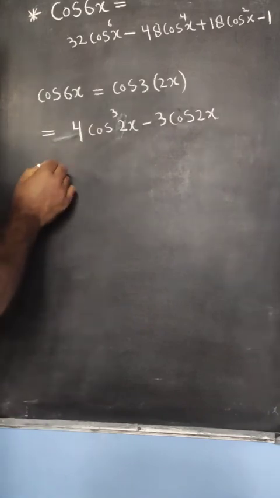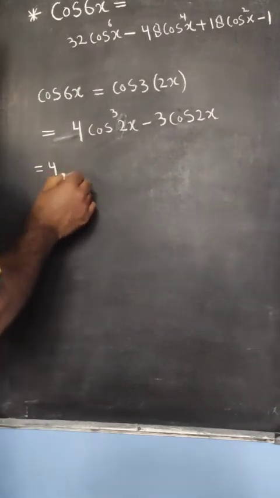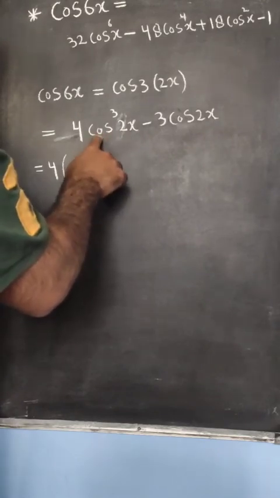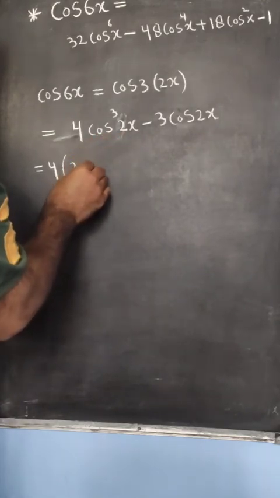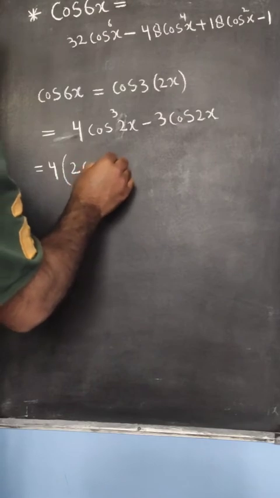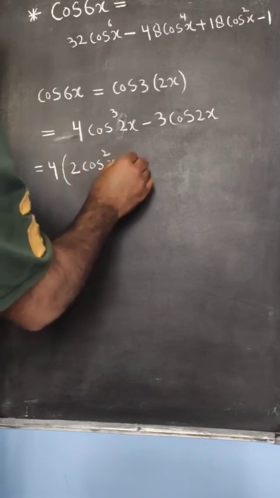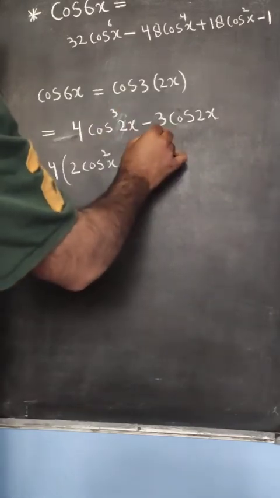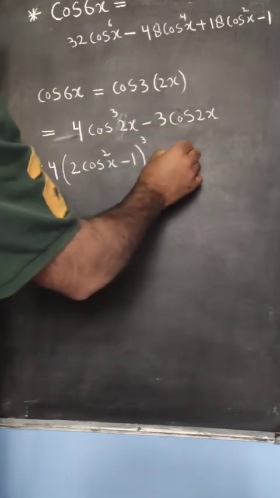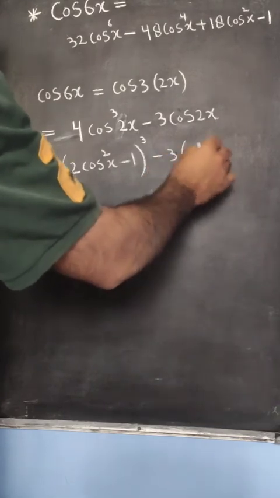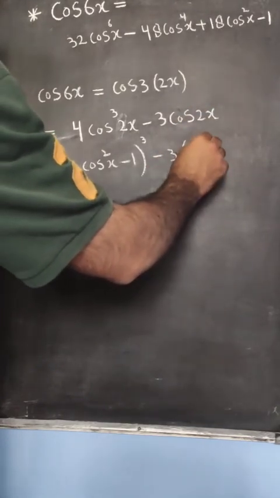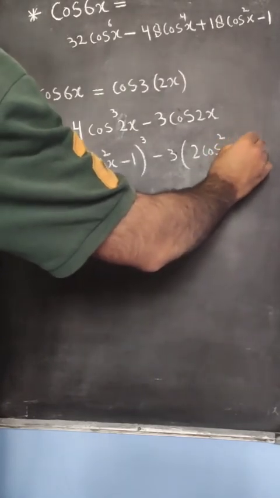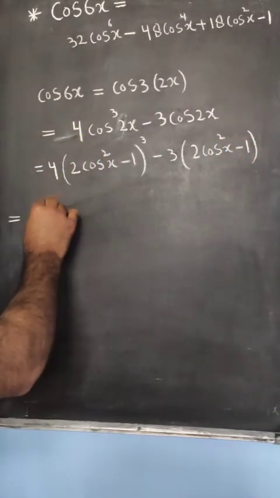Now we can write it as 4 times, we know that cosine 2x can be written as twice cosine square x minus 1. Then we have raised power 3 here, minus 3 times twice cosine square x minus 1. It is 4 times.